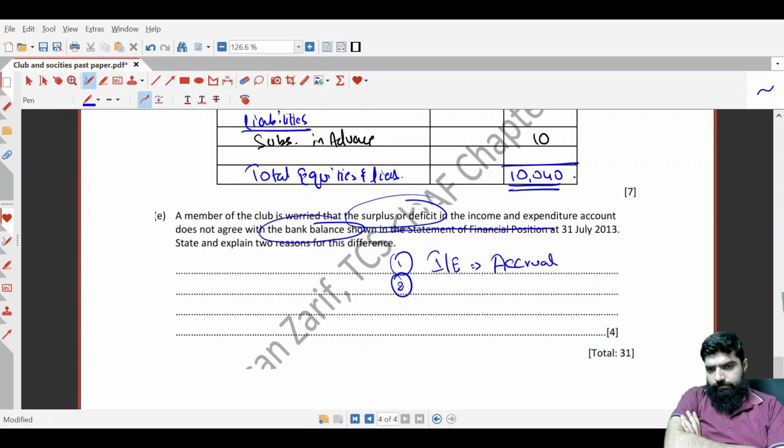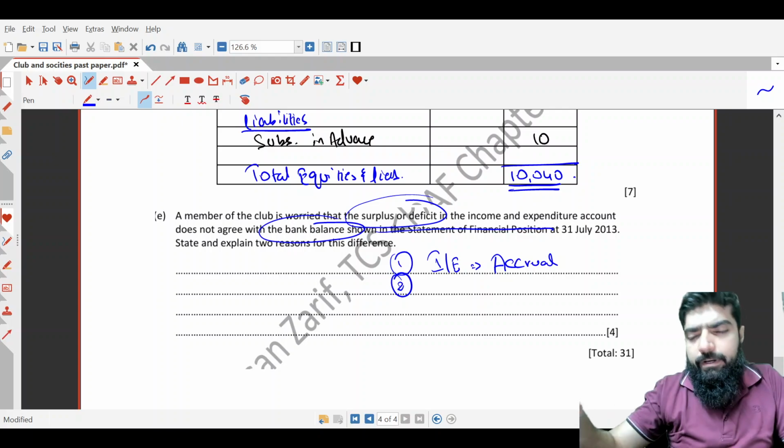They can affect the bank balance, but they are not recorded in the income and expenditure account. Okay, nice, very good.